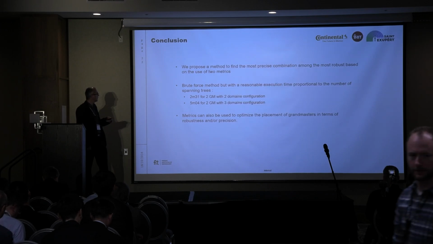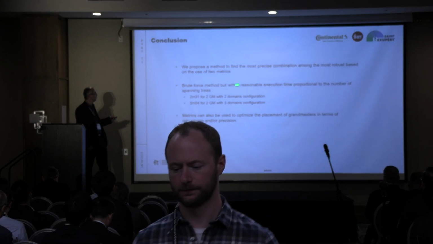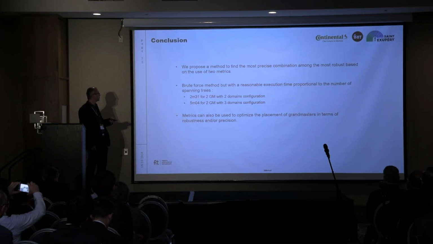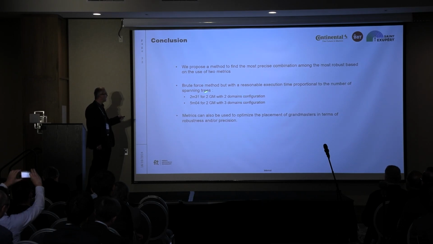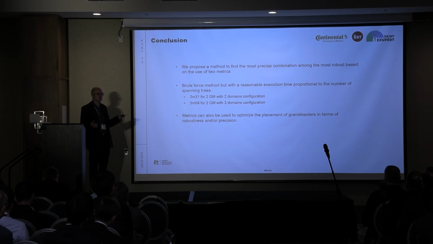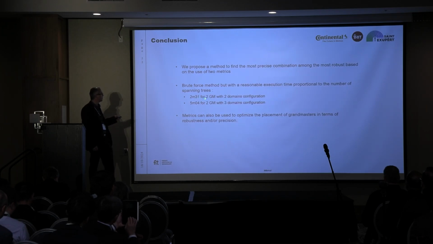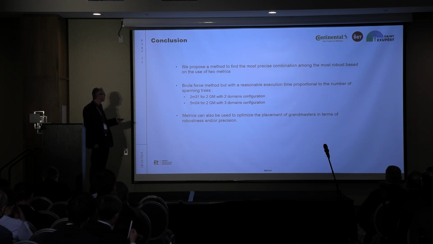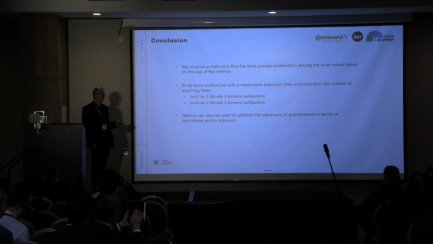As said, it's a brute force approach, but we would say it's a reasonable execution time. In our example, we ran it on a standard desktop PC, normal but powerful. It took 2 minutes 30 for 2 GMs and 2 domains. Then we looked at 3 domains to be resilient to these disconnection errors, and it went up to around 5 minutes.